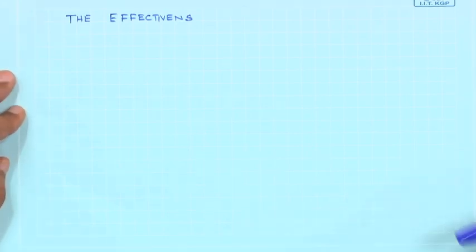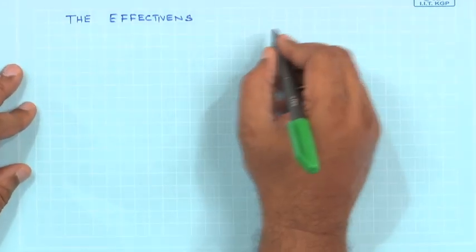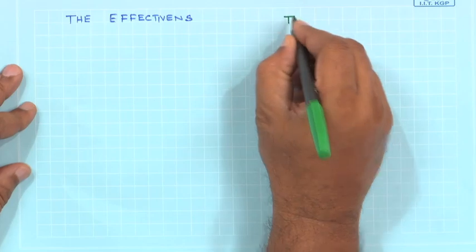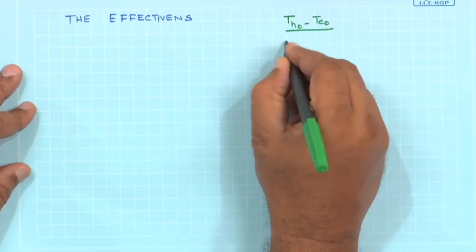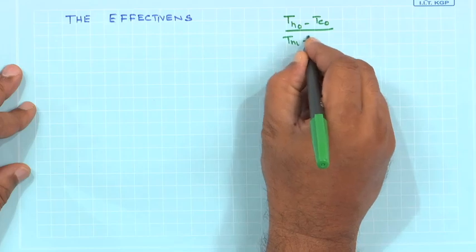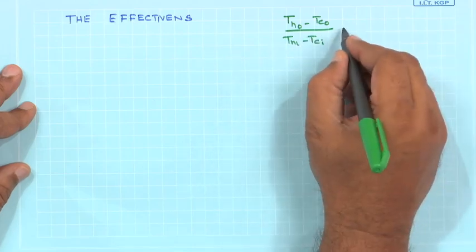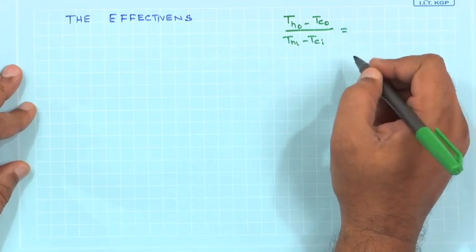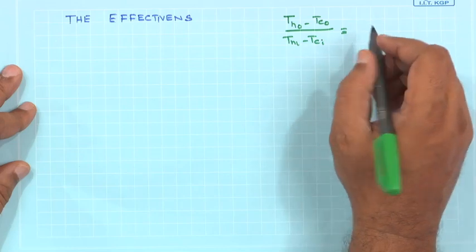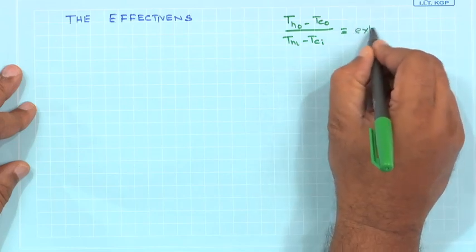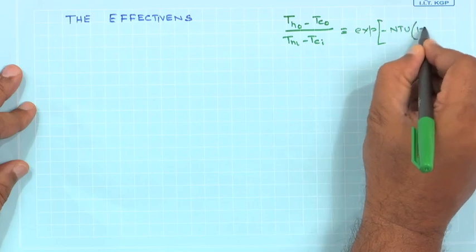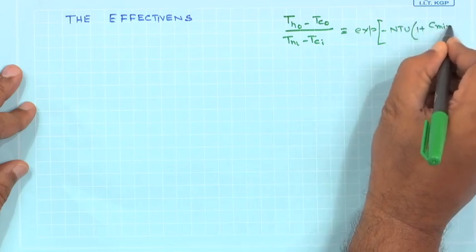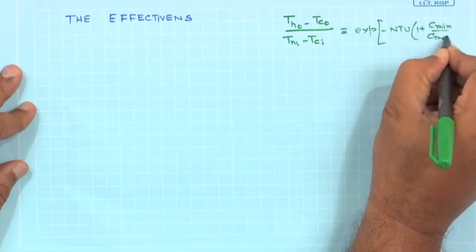So, we start from this point. I will write the expression once again over here, THO minus TCO by THI minus TCI, which is the maximum temperature drop that is attainable in a heat exchanger, which would require an infinite length, exponential minus NTU 1 plus C minimum by C maximum.